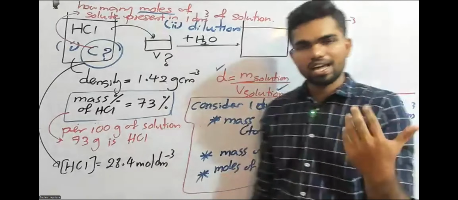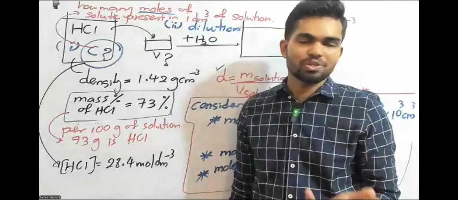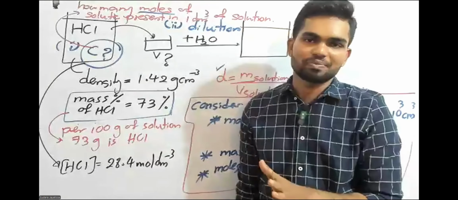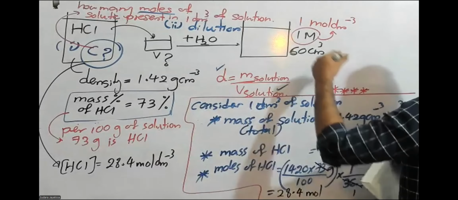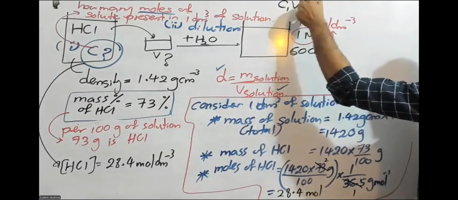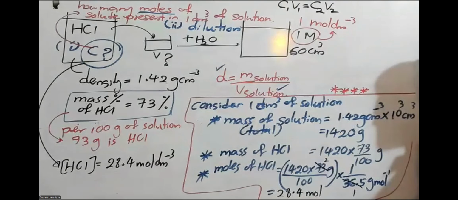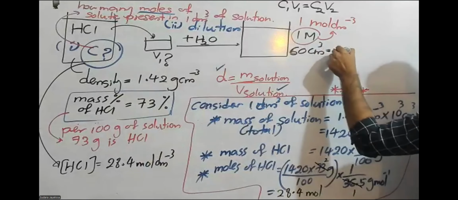Now it is simply dilution. Like I said, for dilution we have a simple formula, because during dilution the number of moles is not going to change. So we can use the C1V1 equals C2V2 formula. Here we need V1, and we know V2 and C2.